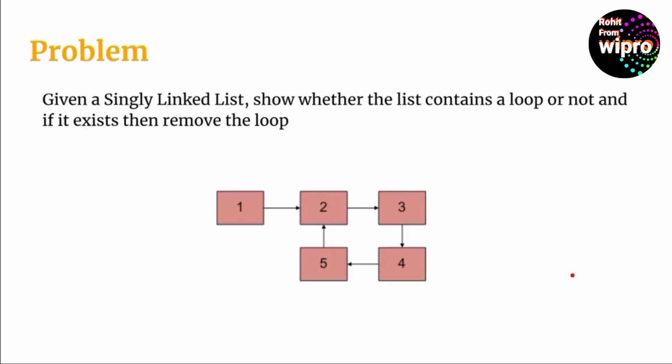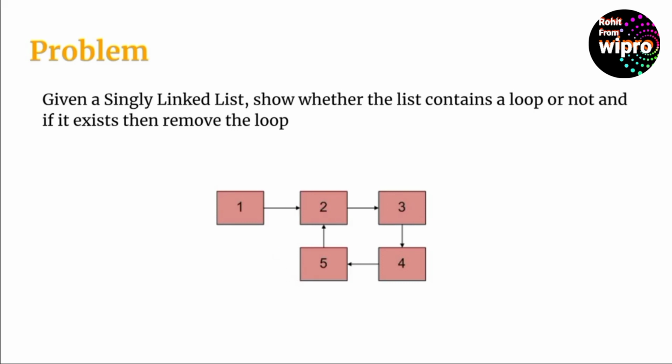If you go back to this diagram, at this point we find that slow and fast are equal. To remove the loop, we keep fast here and assign slow to the head again. Now slow is 1, fast is 5. We run a loop to check whether slow next and fast next are not equal.